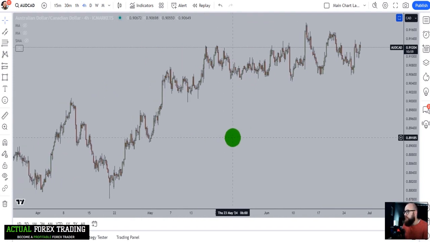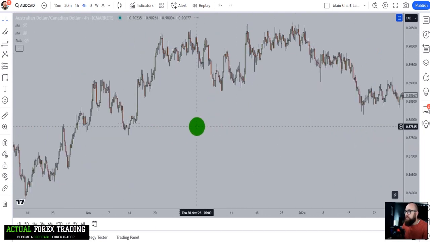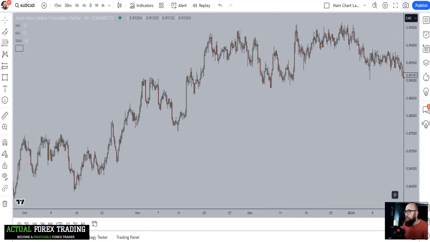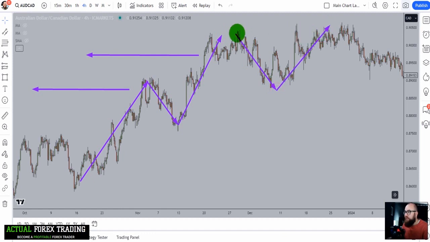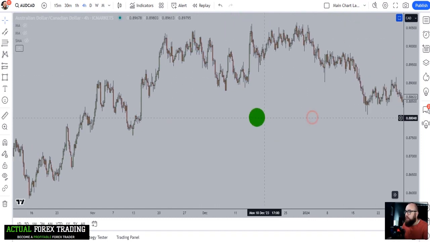Now, following on from that, if you have swings that are very similar in the sense of the highs and lows they create, so we look at the swings here. So big swing up, unique chart space, looking good. Big swing up, unique chart space, looking good. Swing up, not really any unique chart space, and you'll see that the swing high here is very similar to the swing high here.